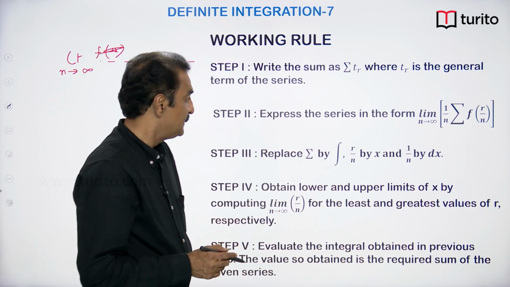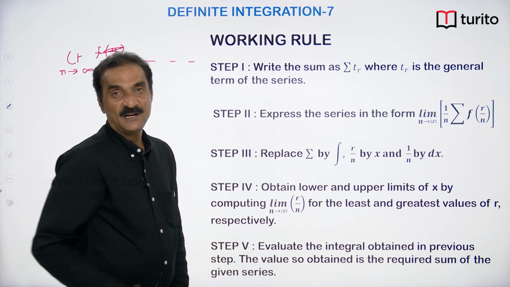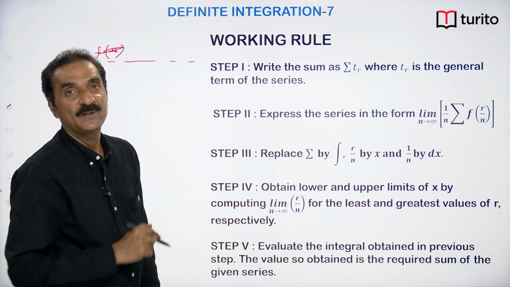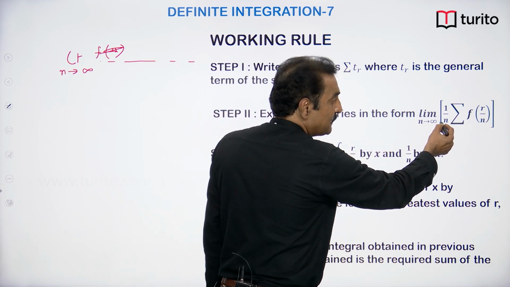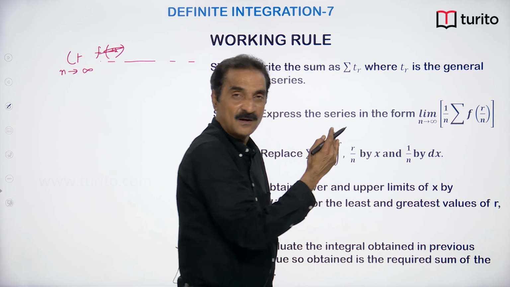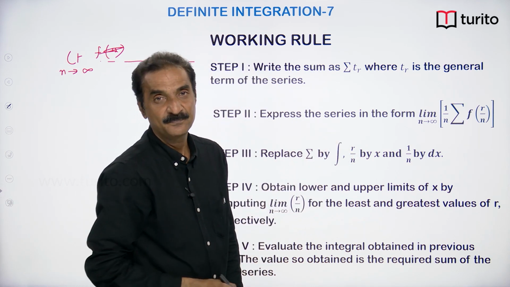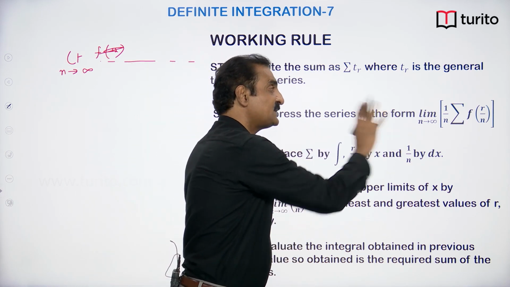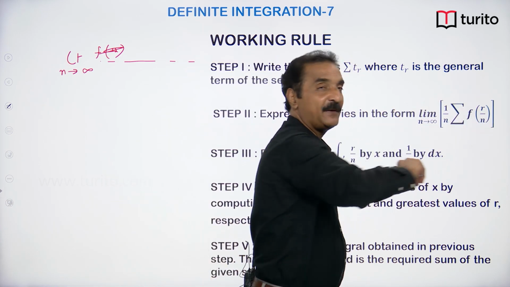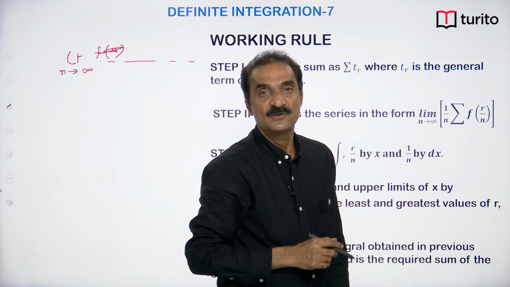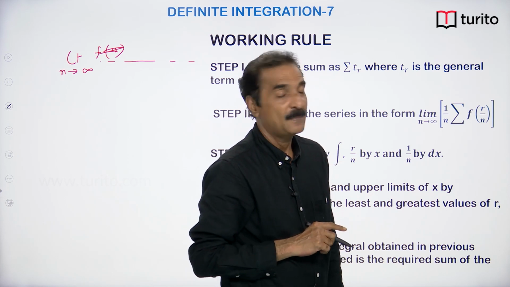So, the first step is writing the general term and writing sigma. The second step is taking 1 by n common, separating 1 by n and writing it outside sigma, and expressing the remaining part in terms of r by n. So, we can write it as f of r by n.